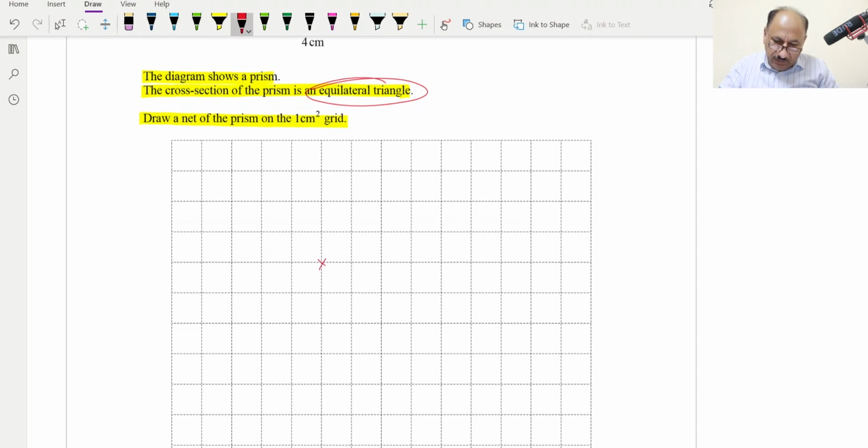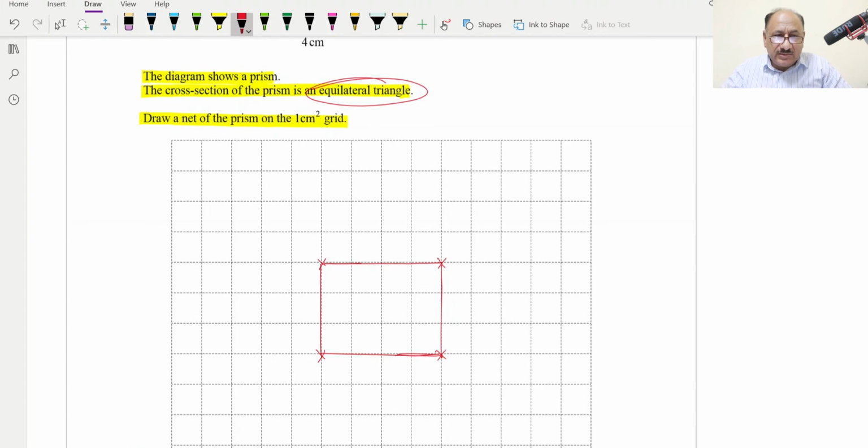So it will be 1, 2, 3, 4. So this will be the base, and we can join these points. We will get the base. And for net questions, you can practice at home, with whatever tissue box or small packaging box you can open, and check how it is opening and what the different sides are, and this is the base.